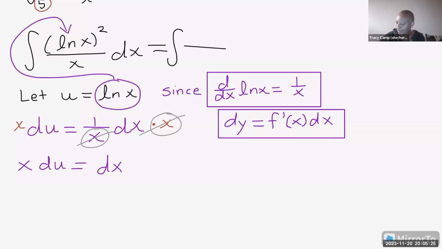So I will have u squared instead of natural log of x squared. And I have my x down here. And then I'm going to replace my dx with x du. So this is times x du.